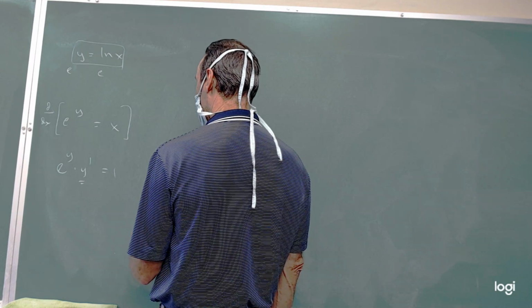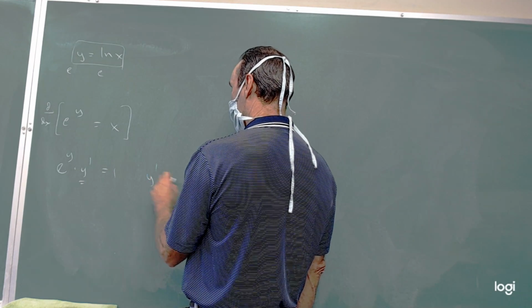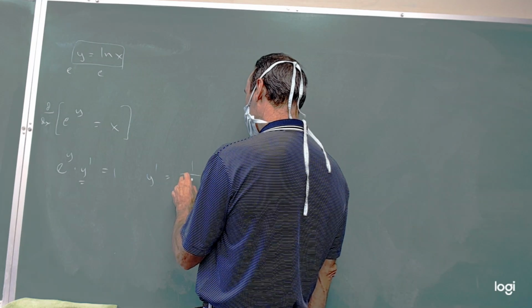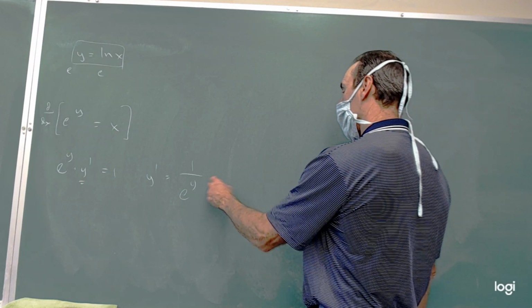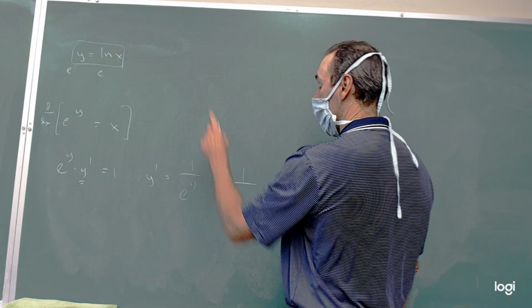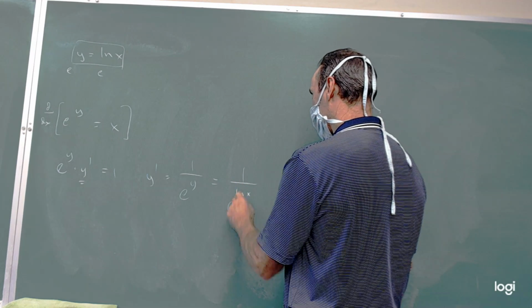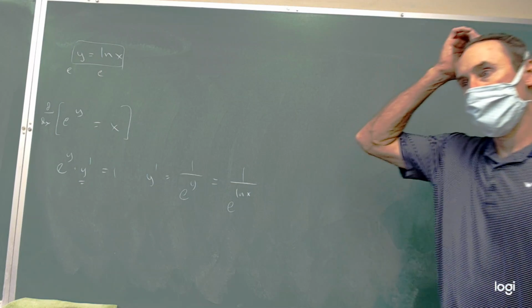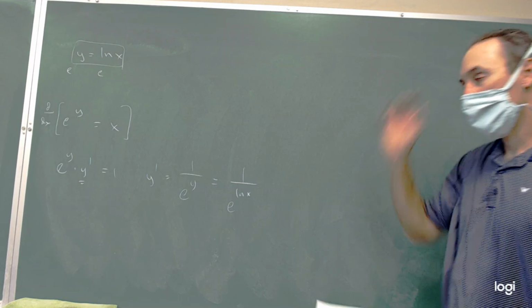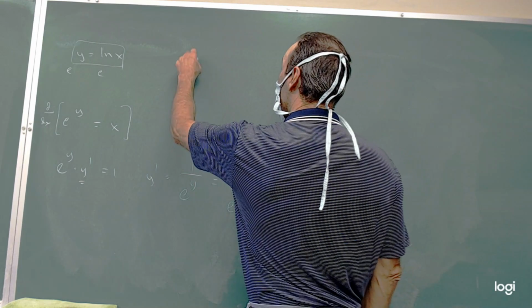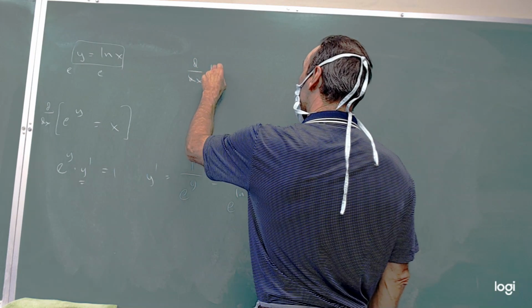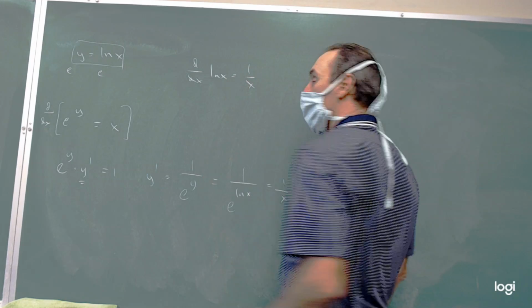So solving for y prime, we get 1 over e to the y. But we said y was natural log x. It's just 1 over x, which is what we said. So the derivative of natural log x is just 1 over x.